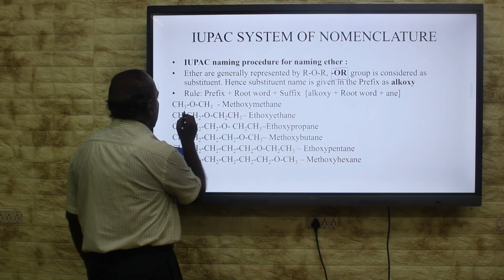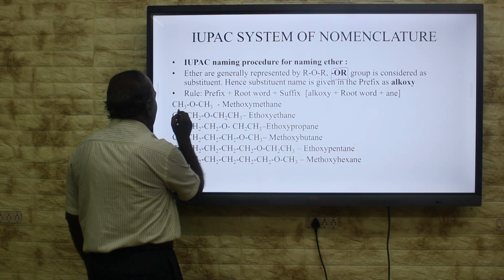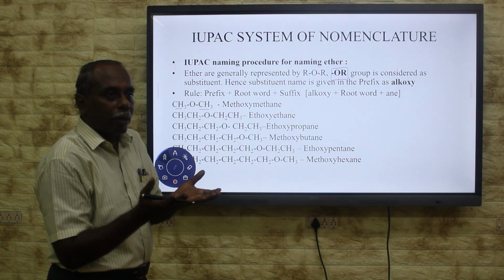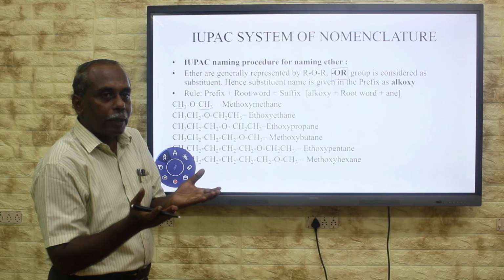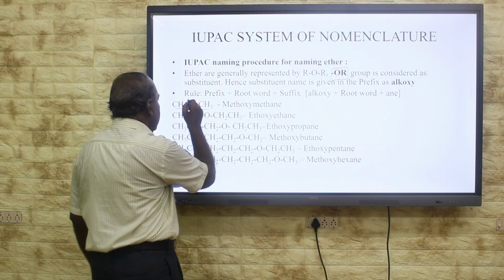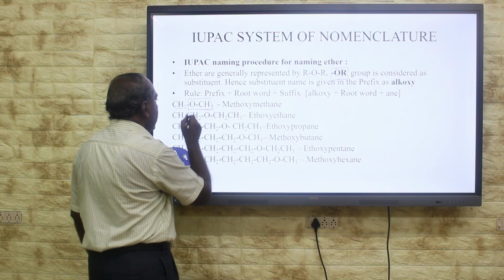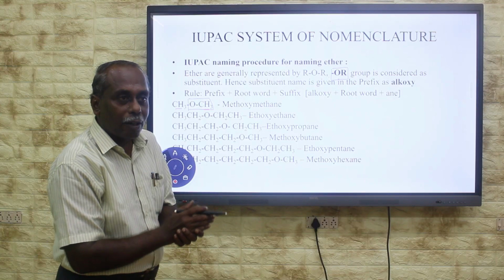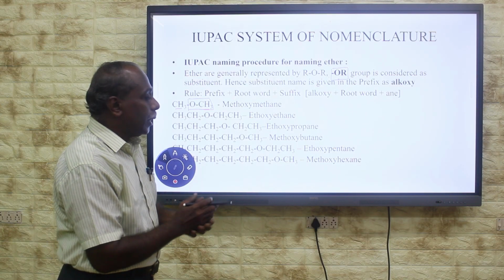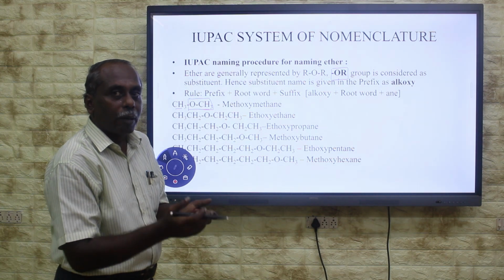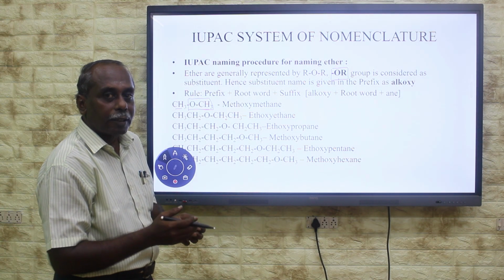Here for the first compound, one side is methyl, another side is methyl. Both sides have an equal number of carbon atoms. Therefore, any one carbon may be connected with the oxygen. When you connect this carbon with the oxygen, that will become an alkoxy. Methyl group combined with the oxygen becomes methoxy. Ethyl group combined with the oxygen becomes ethoxy.